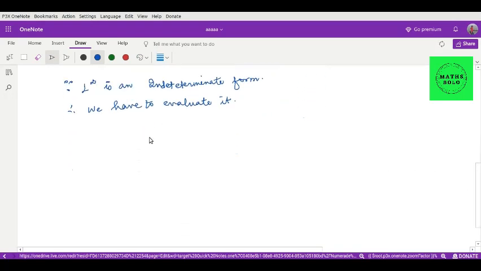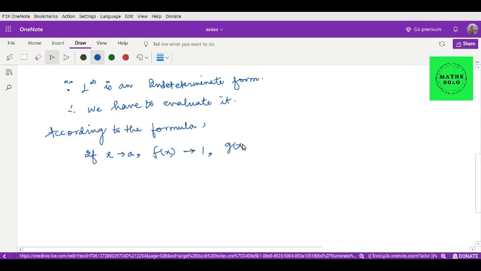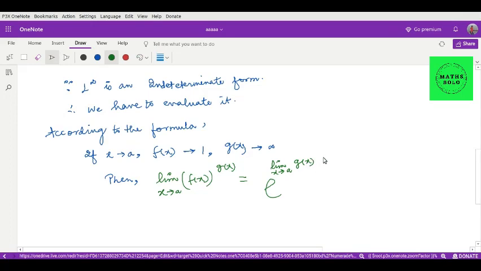So according to the formula, if x tends to a, f of x tends to 1 and g of x tends to infinity, then we have the formula: limit x tends to a of f(x) to the power of g(x) is equal to e to the power of limit x tends to a of g(x) into f(x) minus 1.